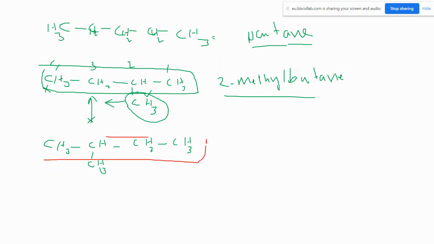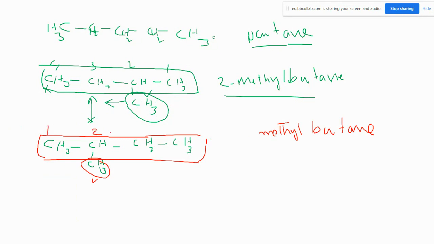We have this one. How many carbons do we have? 4. It means this is butane. We have 1 methyl group, so it should be methyl as well. But what is the position of this methyl group? It would be 2.